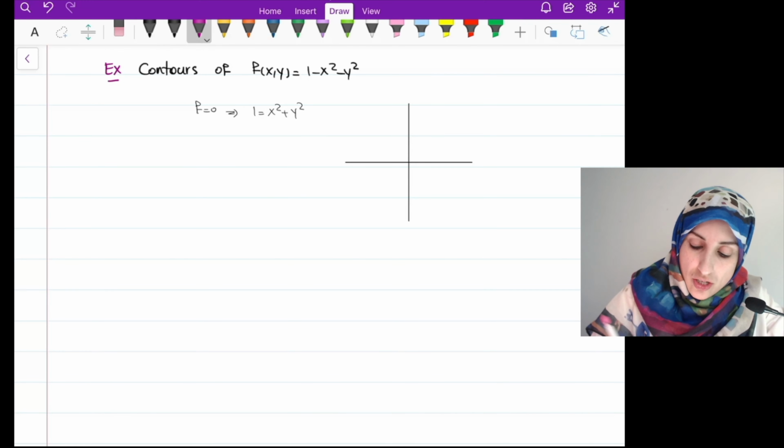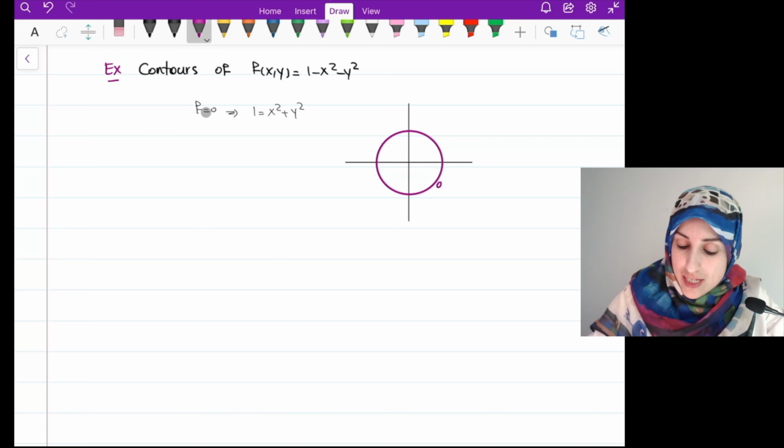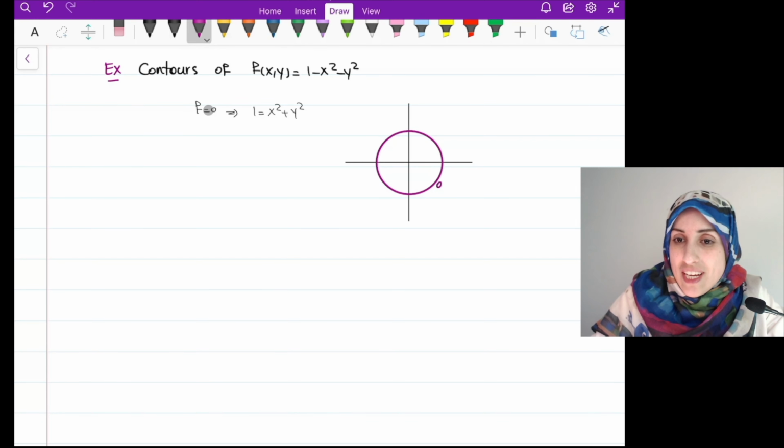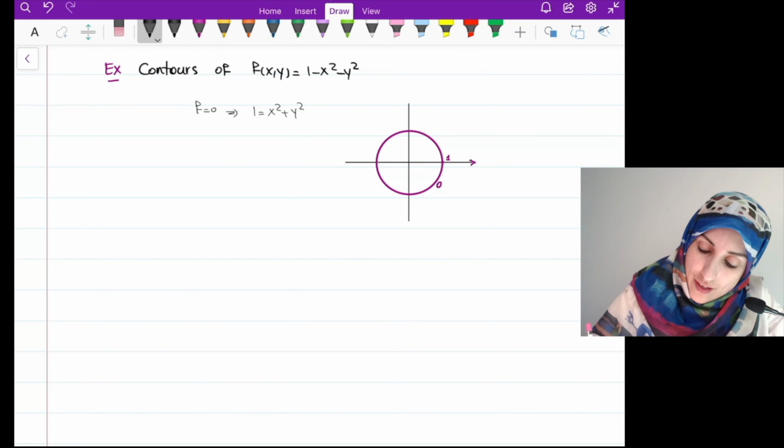I get a circle of radius 1, like this. And I'm going to put 0 in here just because this is the level curve f equals 0. I get a circle of radius 1. I forgot to label my axis.